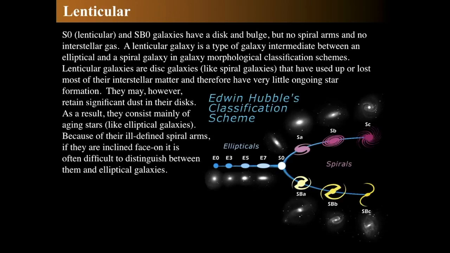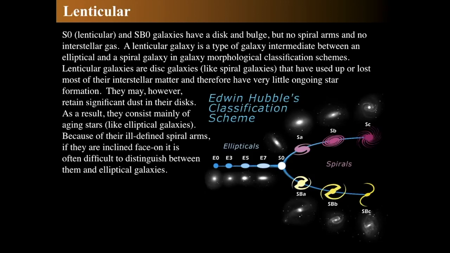Now a lenticular does have a disc-like structure. It does have a central bulge, but there aren't any spiral arms, and there's no interstellar gas. So you don't see any hydrogen gas clouds or anything like that. A lenticular galaxy is seemingly intermediate between ellipticals and spirals just because of the appearance. And they do have dust in their disk.